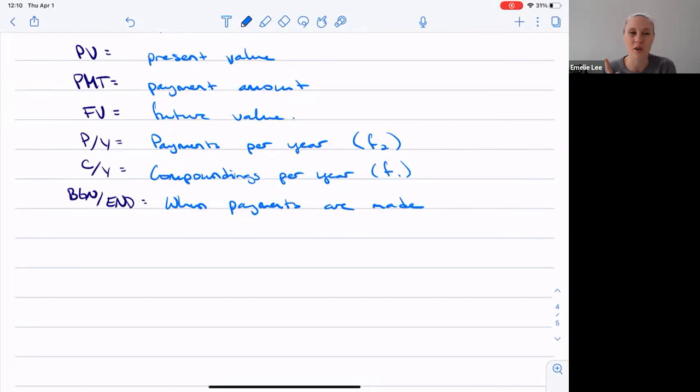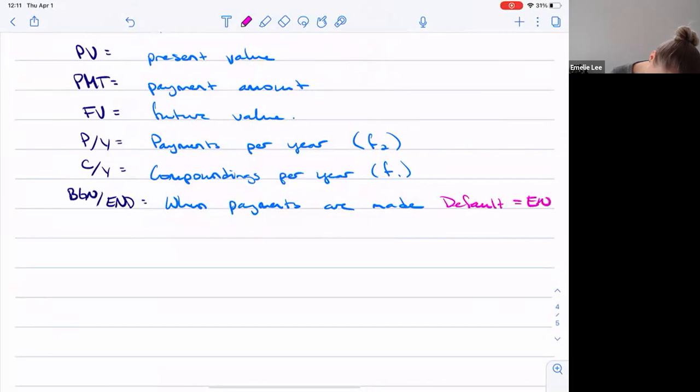The default is going to be the end, because you have to change the mode in your calculator to the beginning of the month or the day or the year or whatever the term or the period is.